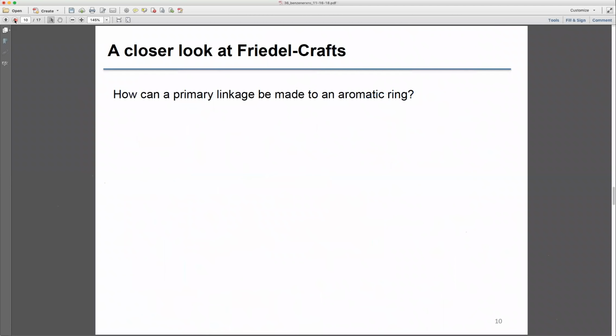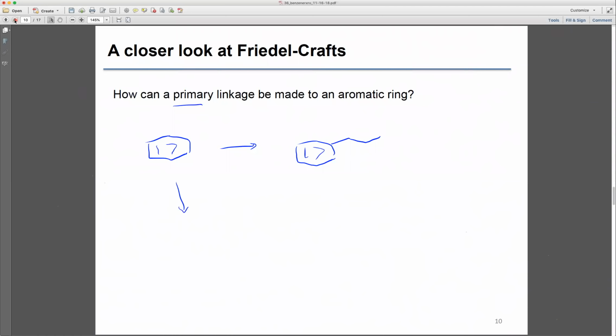So since we can't make primary linkages, how can we do that? How could we take a benzene ring and add to it, let's say, the propyl group? Well, this is where we can take advantage of another reaction.